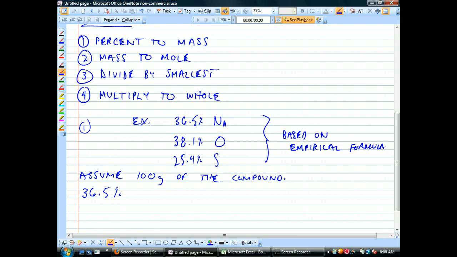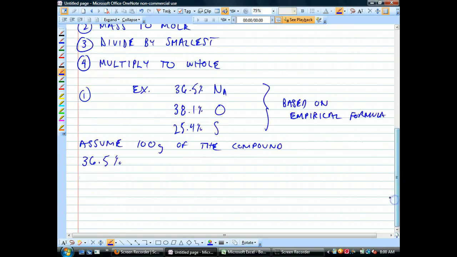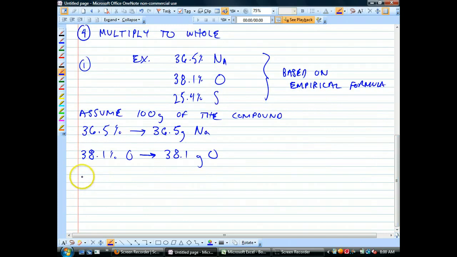Constant proportion. So if I assume 100 grams, that just makes it easy to convert this to grams. That means I have 36.5 grams of sodium. And that means that 38.1% of oxygen turns into 38.1 grams oxygen. And 25.4% sulfur turns into 25.4 grams of sulfur.